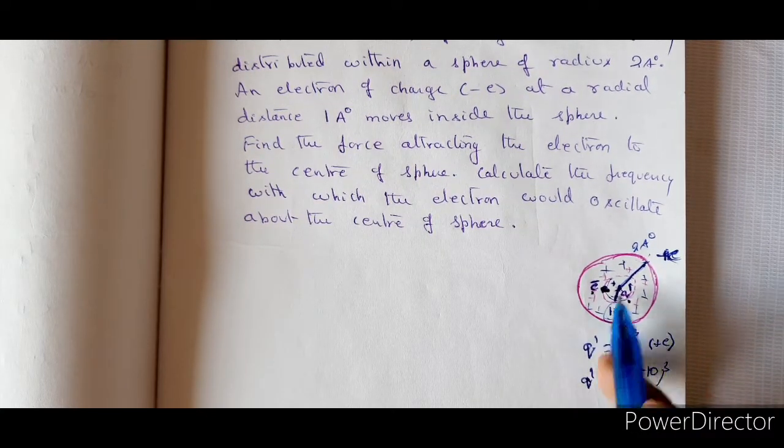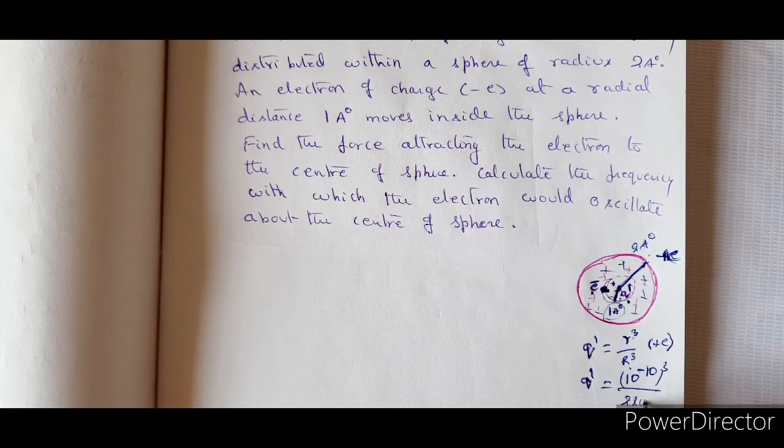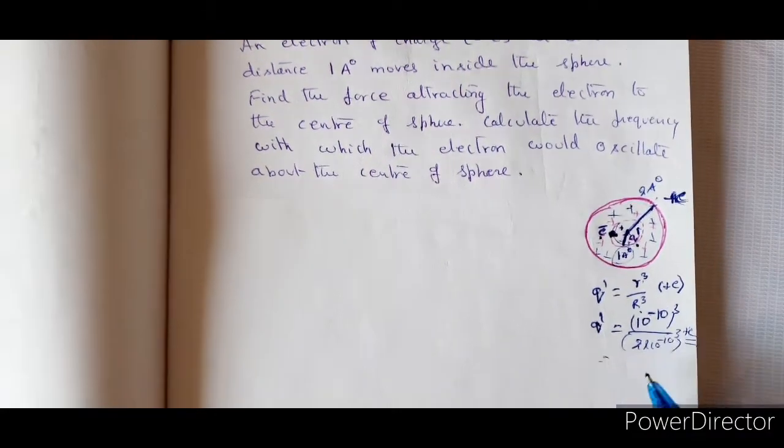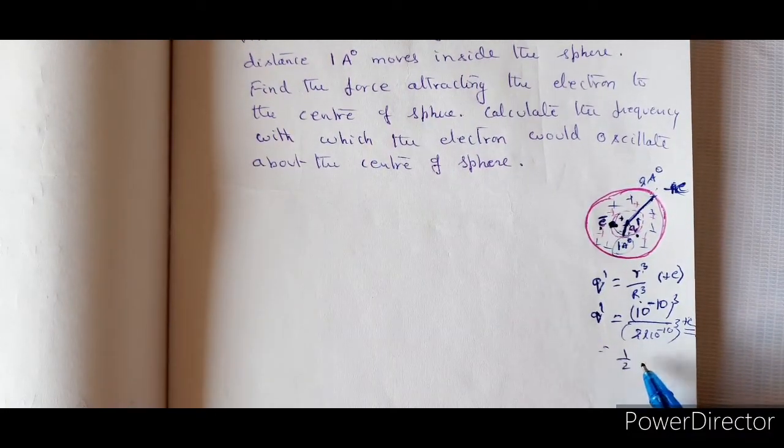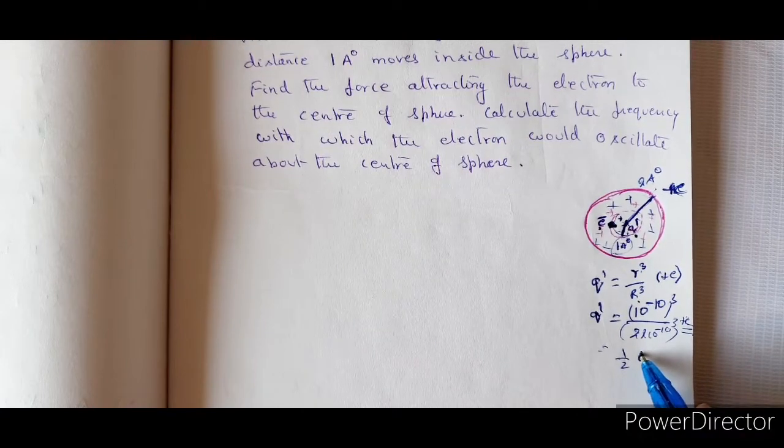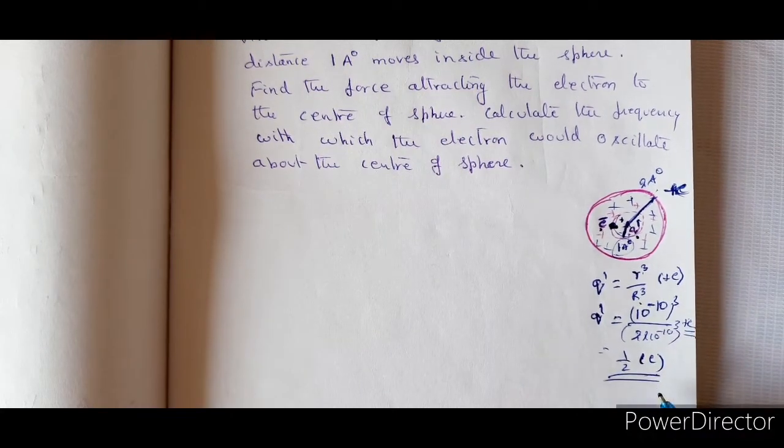Whole cube, by the other one, which is 2 into 10 power minus 10 meters. So into plus e. So the angstrom will get cancelled anyhow. So 1 by 2 into plus e. So this is the charge. So now e by 2 is the charge.